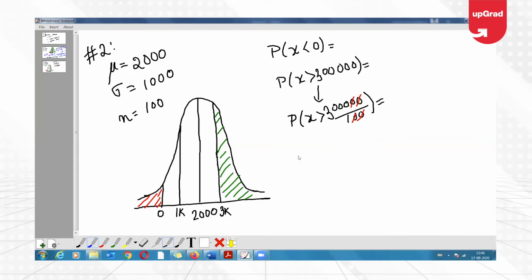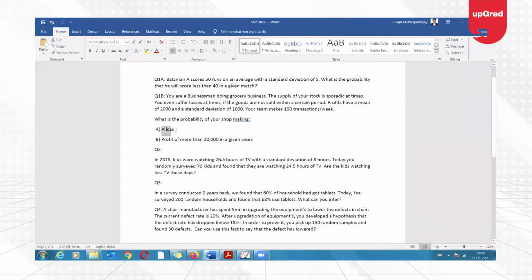So for the first problem, let's find out z is equal to 0 and we want to find this region. So loss means less than 0. That's what we wanted to find, a loss and a profit of 3000, right?